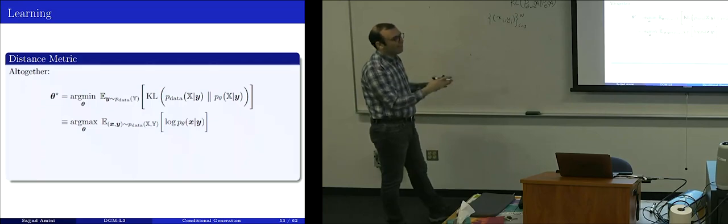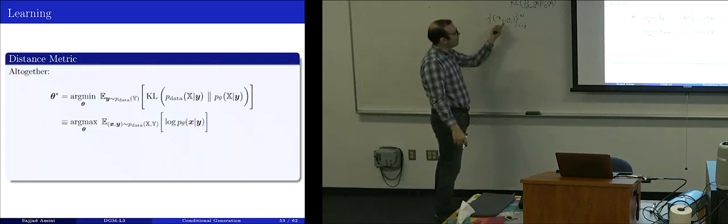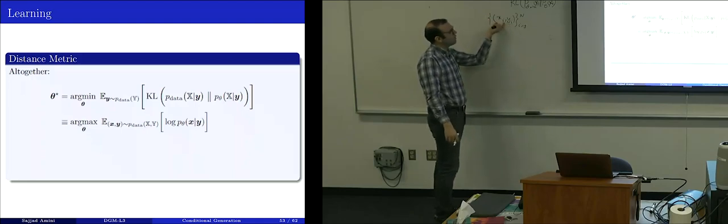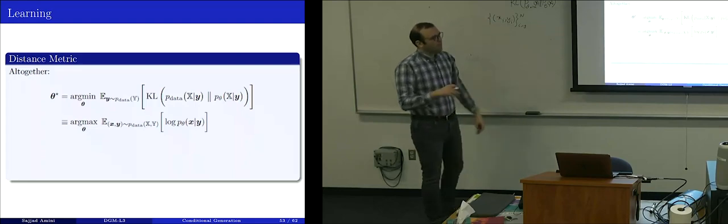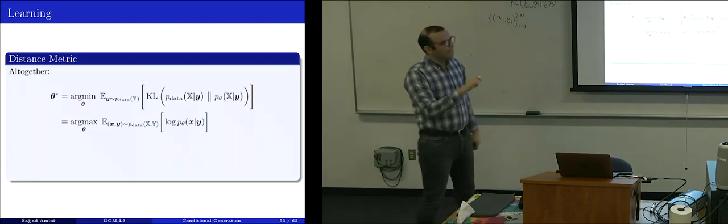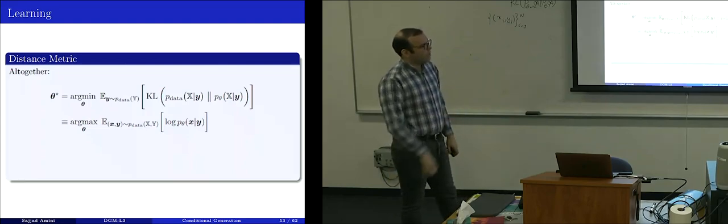Because here we have conditional generation. It means that you must have an input for each of the cases. For example, if it is MNIST, you should have the label in the conditional generation.